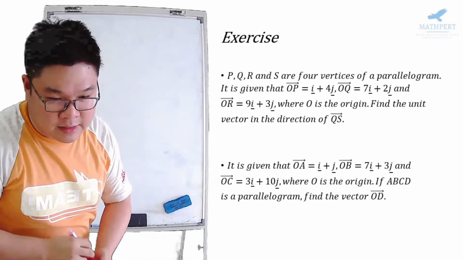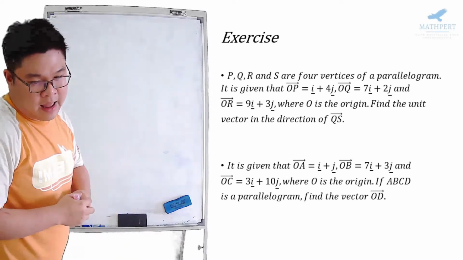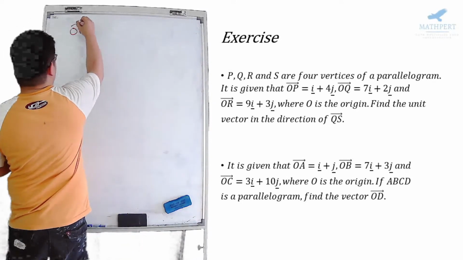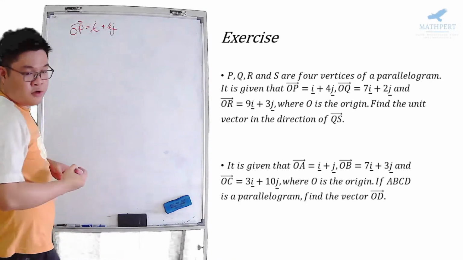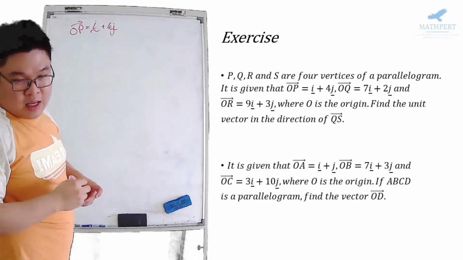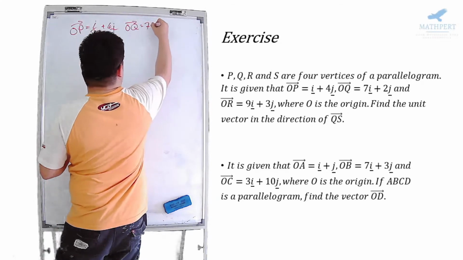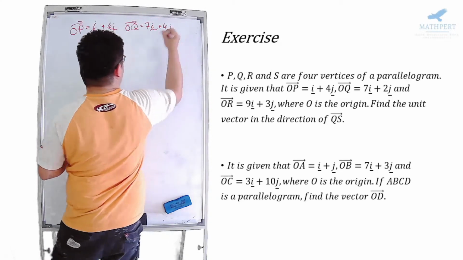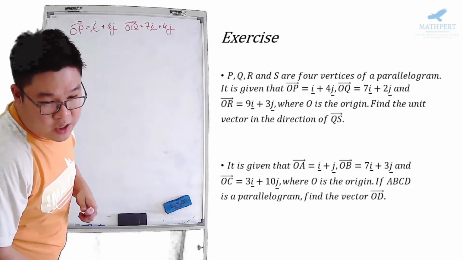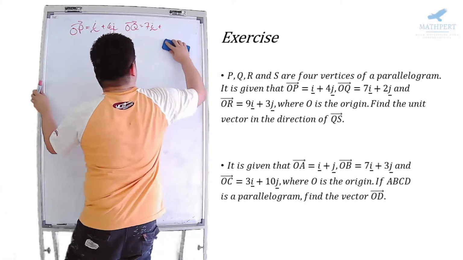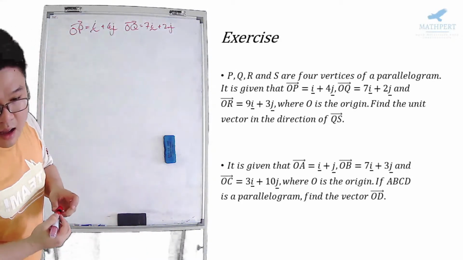So PQRS are 4 vertices of a parallelogram. It is given that OP is i plus 4j, and OQ is 7i plus 2j.